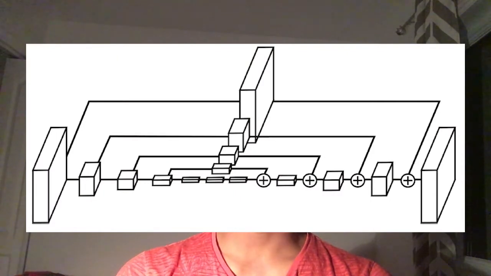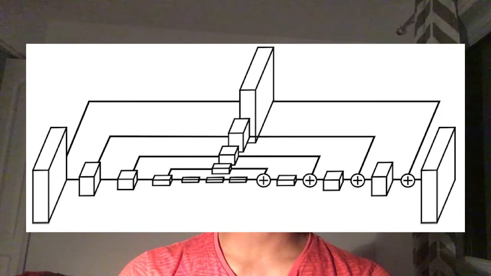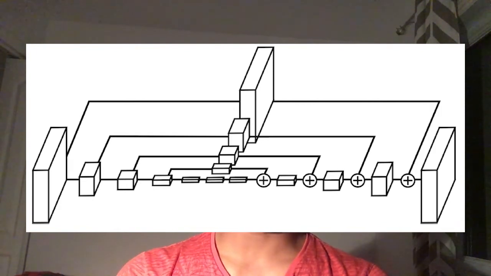So just to review Hourglass Networks, looking at the diagram here, we can see two main things. There are two sections of the Hourglass Network: the encoding section and the decoding section. Each section has four cubes, where each cube represents a bottleneck layer.